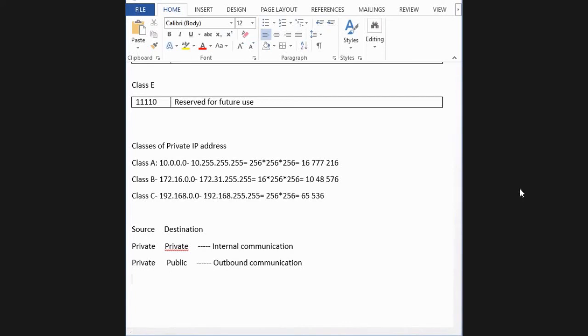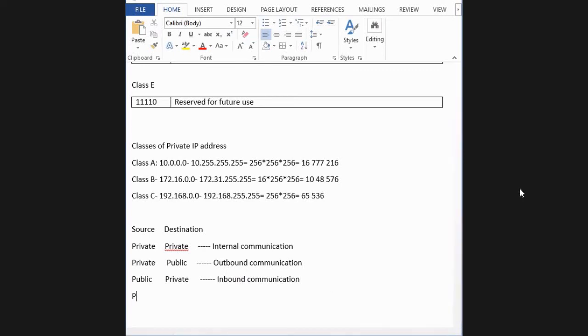If your source is public and destination is private, you can call it an inbound communication. Why? Because an external device is trying to communicate with you, like an incoming call. You're getting the communication from public to private, so if the source is public and the destination is private, you call it an inbound communication.